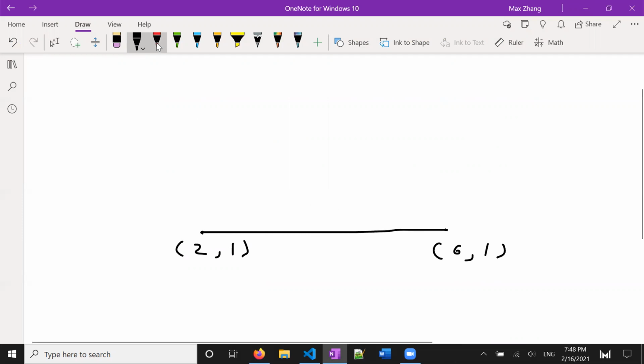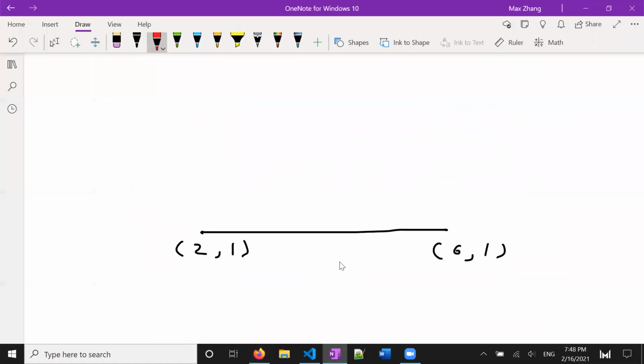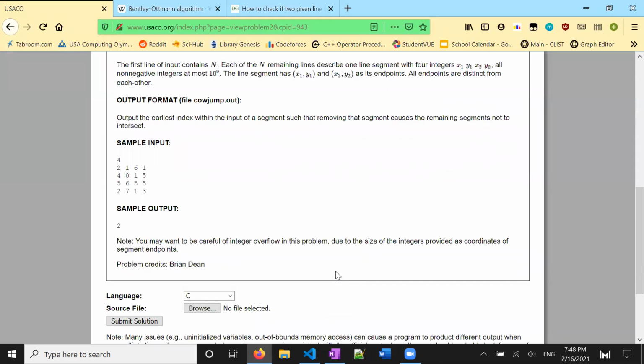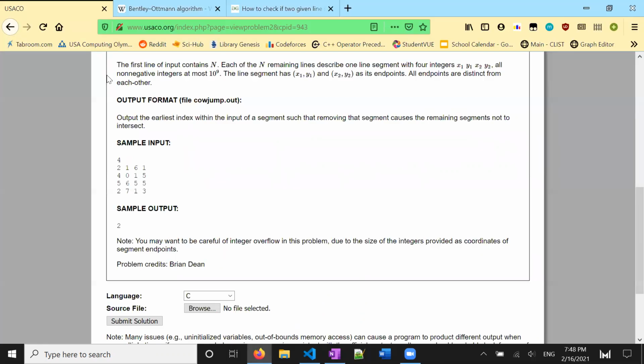That's segment 1. The second one is at x equal to 4, y is equal to 0, so roughly down here, and going to x equals 1, y is equal to 5. Let's eyeball this, that's roughly about here.